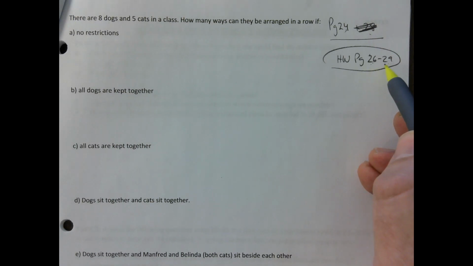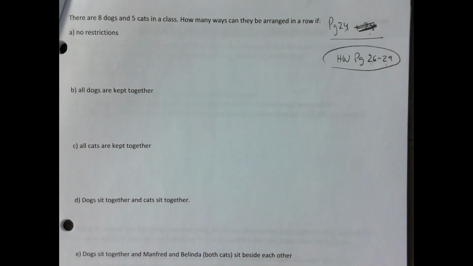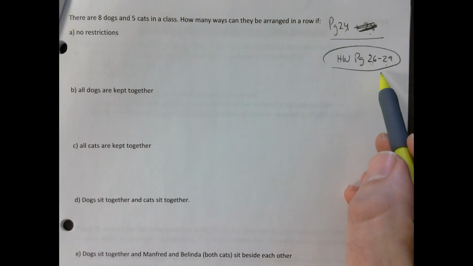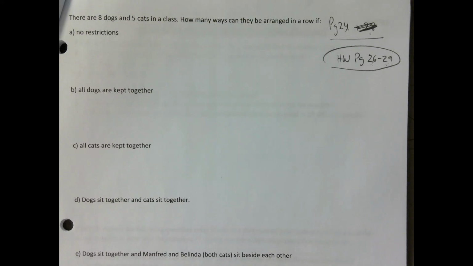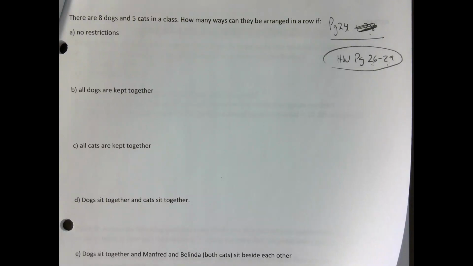But now you can do the pages that I skipped yesterday, because that's like a worksheet that goes from 26 to 29. And I give you space to do the work there. My key doesn't have that, so you might have to look for the answer on the pages that follow. But there is some grouping. All of that stuff is happening there, so it's very, very important that you try that, okay?